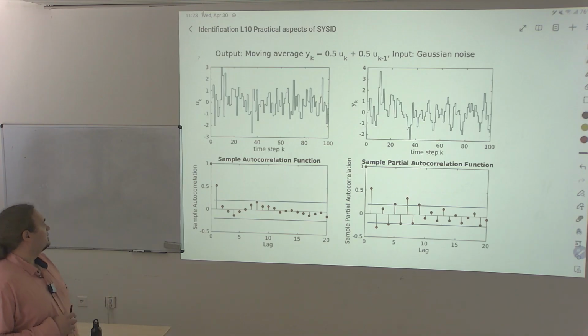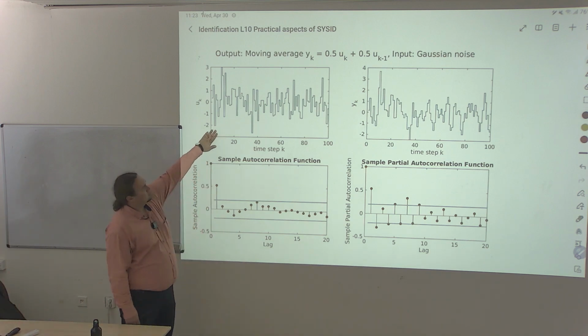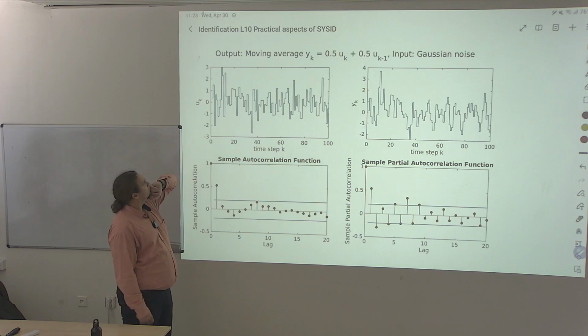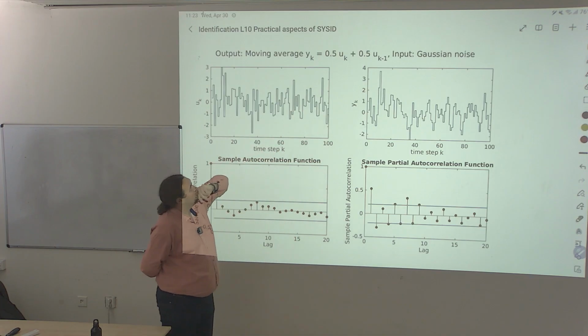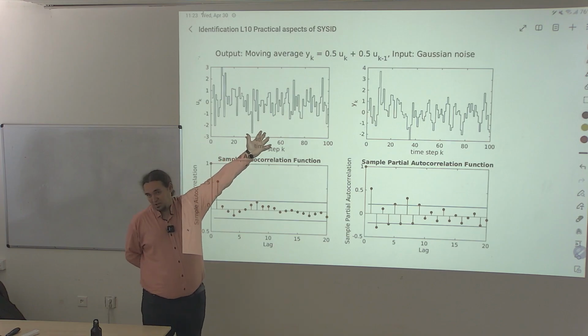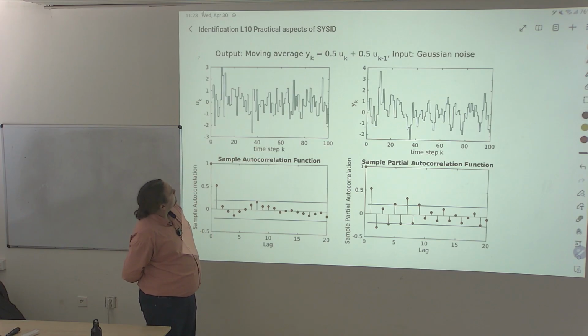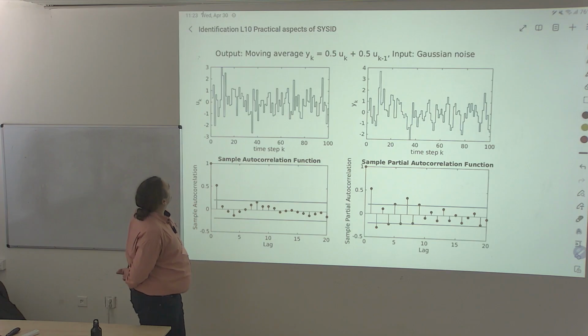So now it will get more interesting. Now we will have input and output. The input in many examples will be just the Gaussian noise that we already saw, but the output will be given by some equation. You already recognize this is the FIR model of the second order, and basically it's the moving average, right?